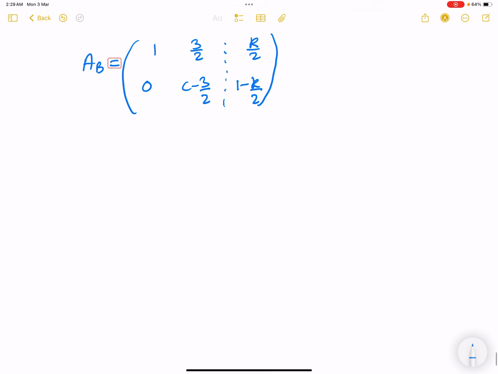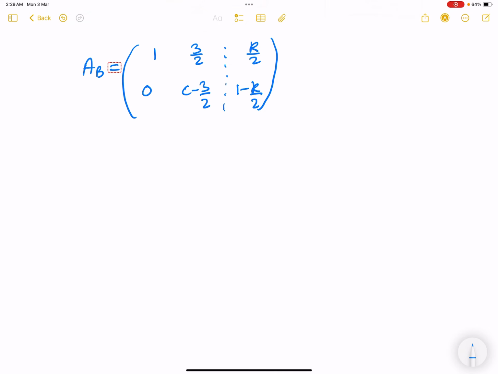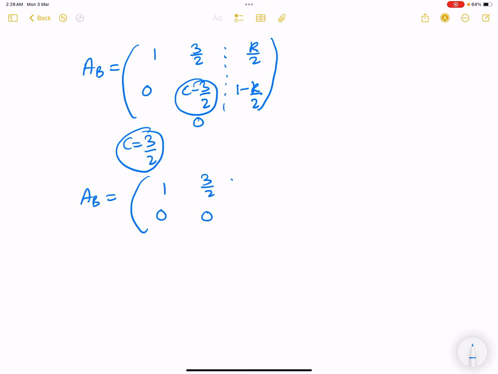Now if C equals 3 by 2, this value would become 0. So our A augmented B matrix is 1, 3 by 2, k by 2, 0, 0, 1 minus k by 2. And if 1 minus k by 2 is not equal to 0, that means k is not equal to 2.